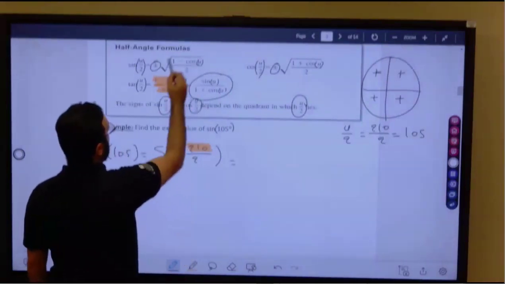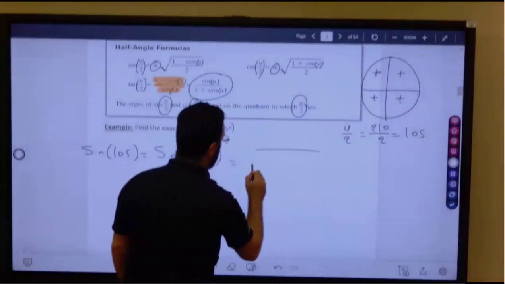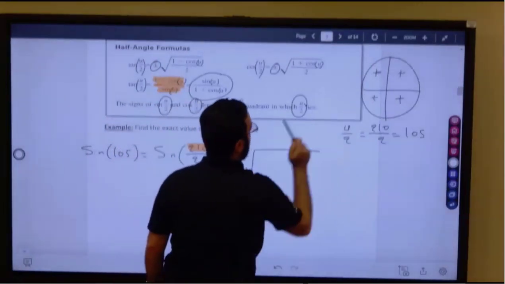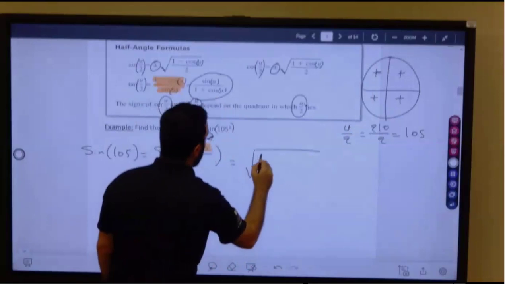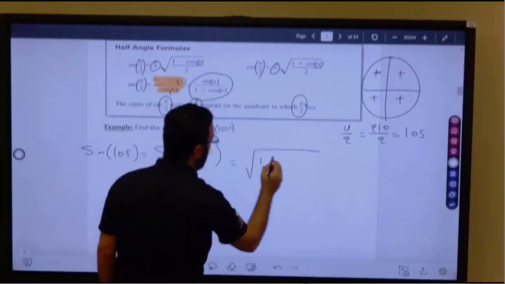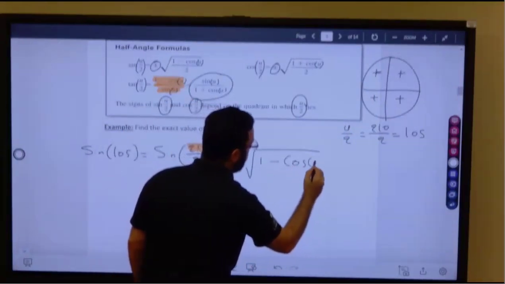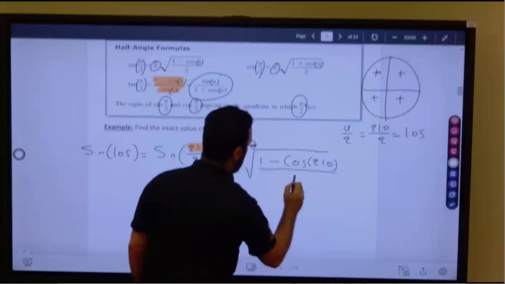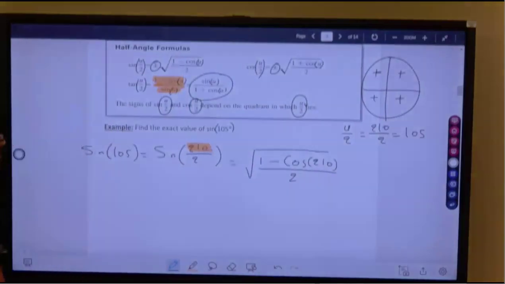I'm going to use this form, and it's positive because it's in the second coordinate. It's going to be square root of 1 minus cosine u, so cosine 210, and divide by 2. Because we only have 1 minus cosine over 2.